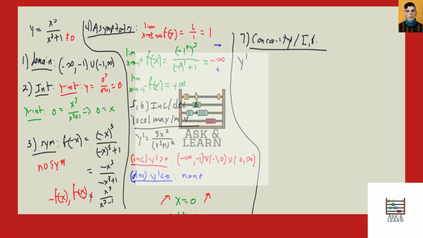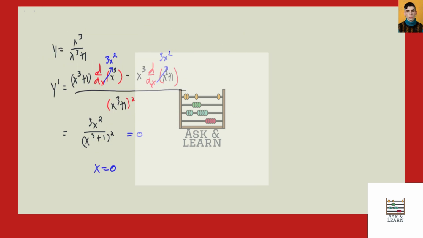So we're going to need to know what y double prime is, so let's go ahead and solve for that. So we have y double prime is going to equal to, well, we're going to have to use quotient rule once again.